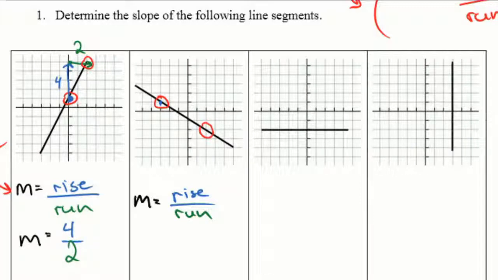So I start here. If I were to go up, it wouldn't make any sense. I'm not going to ever get to the second point over here. So I'm not going to rise. So that means this is a negative slope. So I should expect that my values should be negative. So instead of going rise over run, I'm going to have to go fall over run.